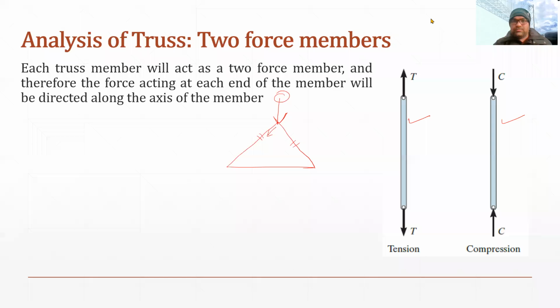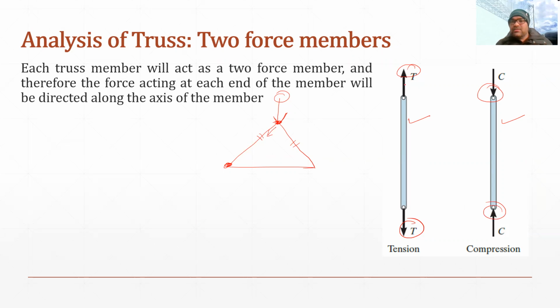So therefore, the nature of this two force member is that the member can be either in tension or in compression. Because of this force, the member may stretch or elongate. From these two ends, it may experience stretching like this, or it may experience compression like this.